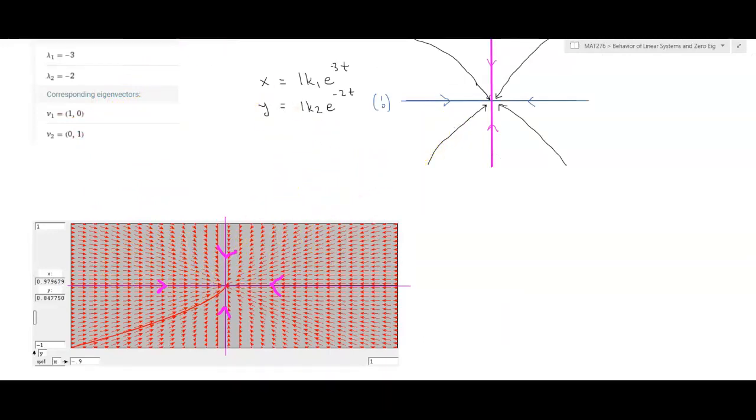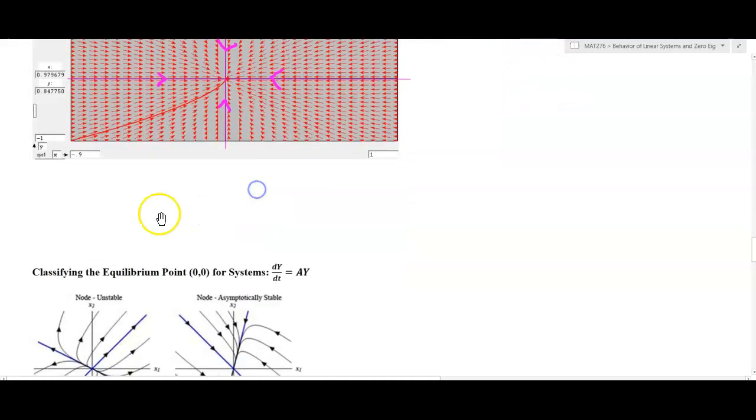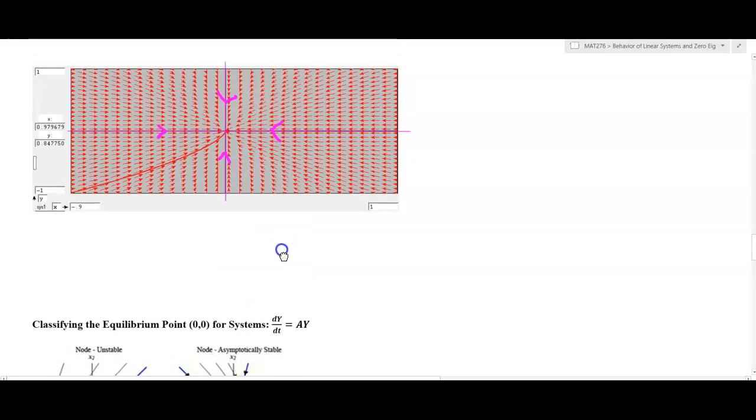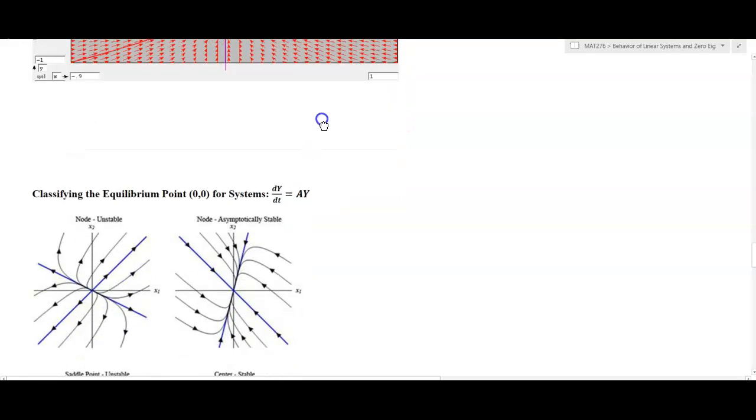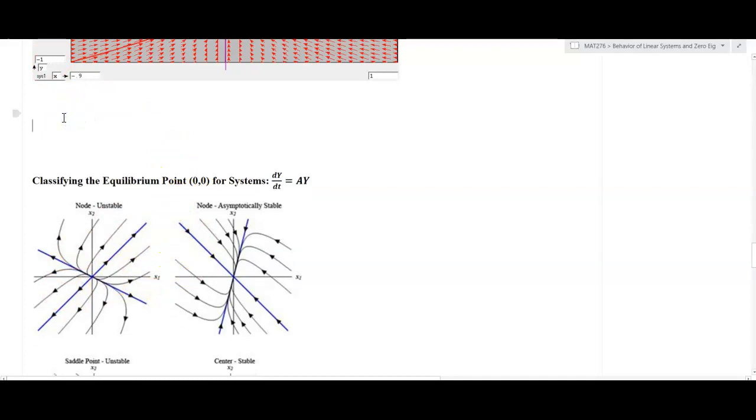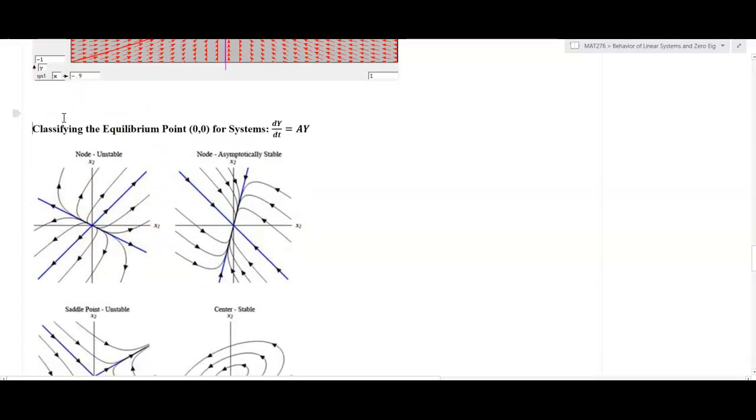So in order to think about what these three scenarios mean, there are actually different classifications. This looks kind of messy, but you'll see in a moment what we're trying to demonstrate. That equilibrium point has one of 6 classifications. For now, we've only looked at 3 of them.